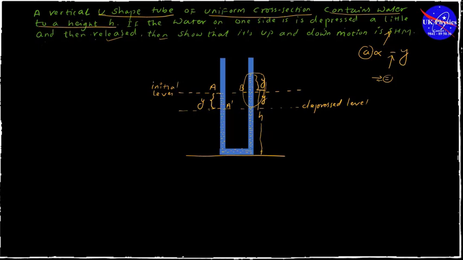The amount of excess pressure is given by excess pressure equals h rho g, but here h is 2y. This liquid column creates the pressure, so h is 2y here, times rho g. This is the excess pressure.